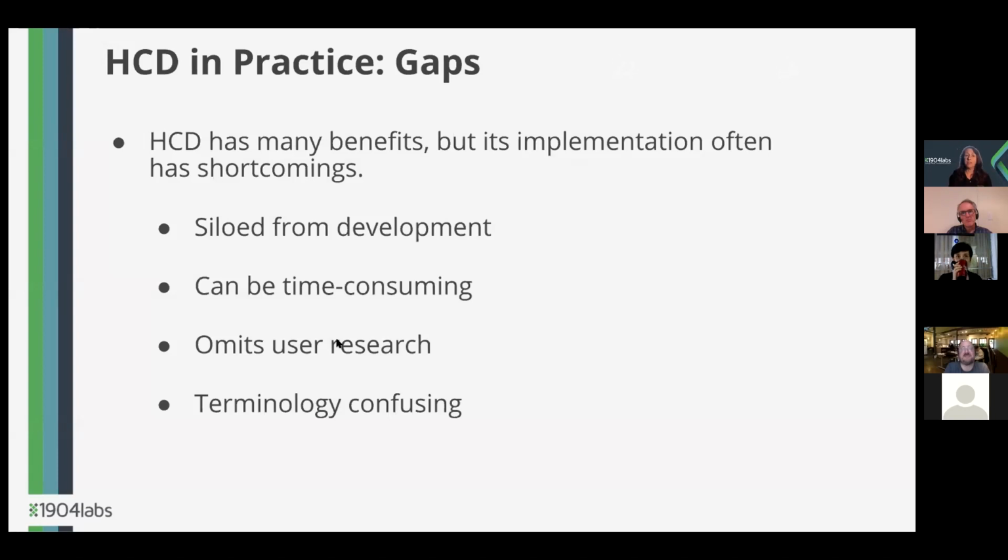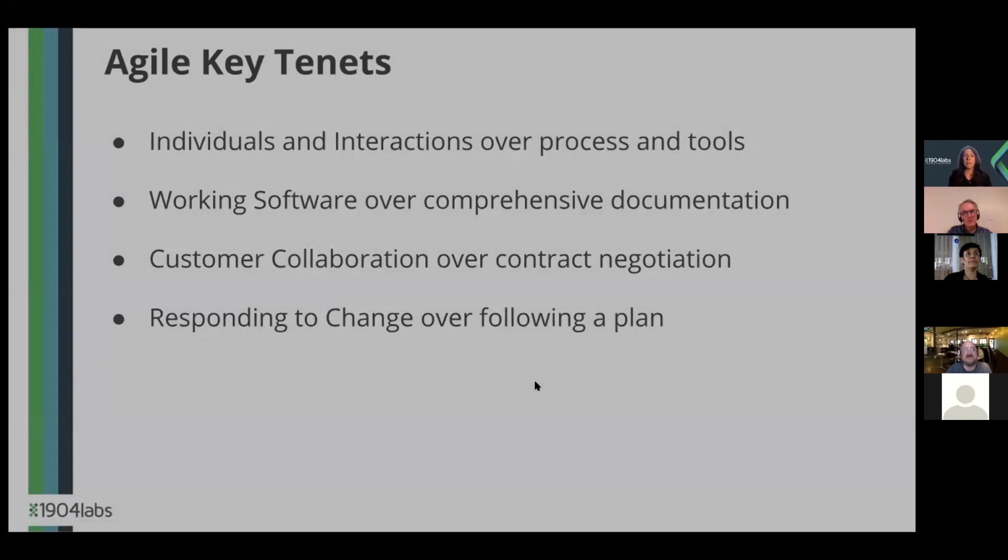It often omits user research, usually because people perceive it as time consuming, or they believe that they don't need it. You know how that goes. And also terminology can be confusing. As we mentioned earlier, people aren't quite sure what they're buying when they're buying UX versus HCD versus UCD. So in practice, HCD has some of these gaps. We kept those in mind as we started to build our hybrid process.